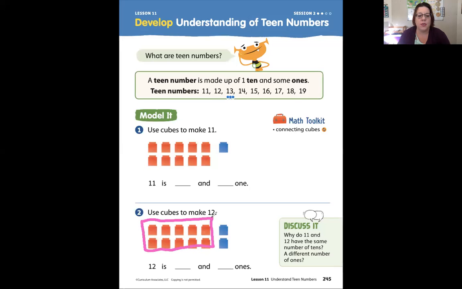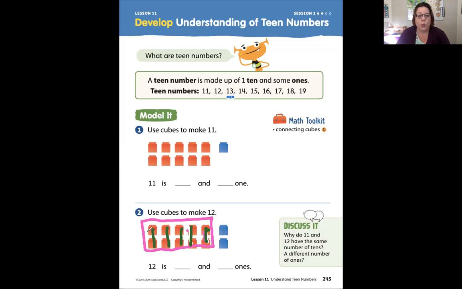I should know that there are 5 on top, and because these are lined up, I know it's just like fingers, right? If I have 5 fingers here and 5 fingers here, and I put my fingers together, I have 5 plus 5 equals 10 again.